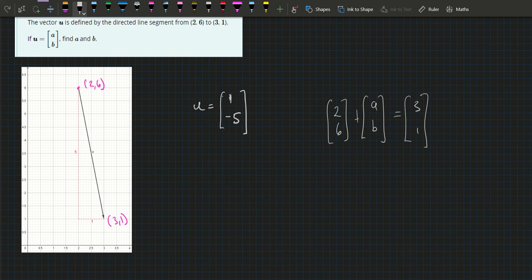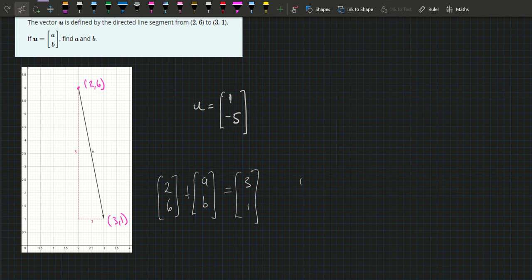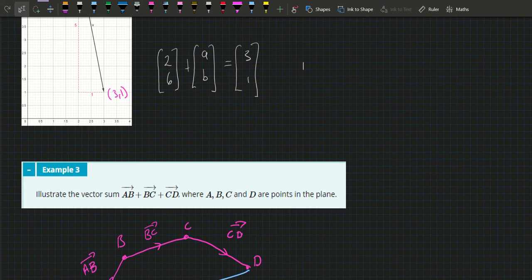And so I just subtract the 2, 6, and that will give us the answer we want, which is 1, minus 5.